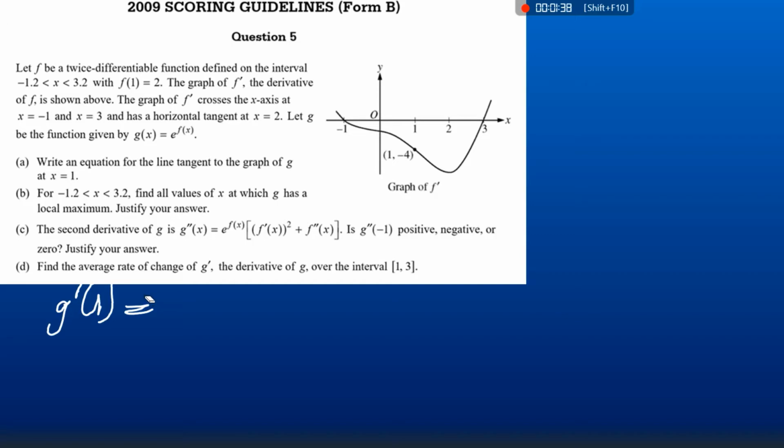G prime of x is e to the f of x power times f prime of x. Okay, so I'll need to know what g at 1 is before I can do that.